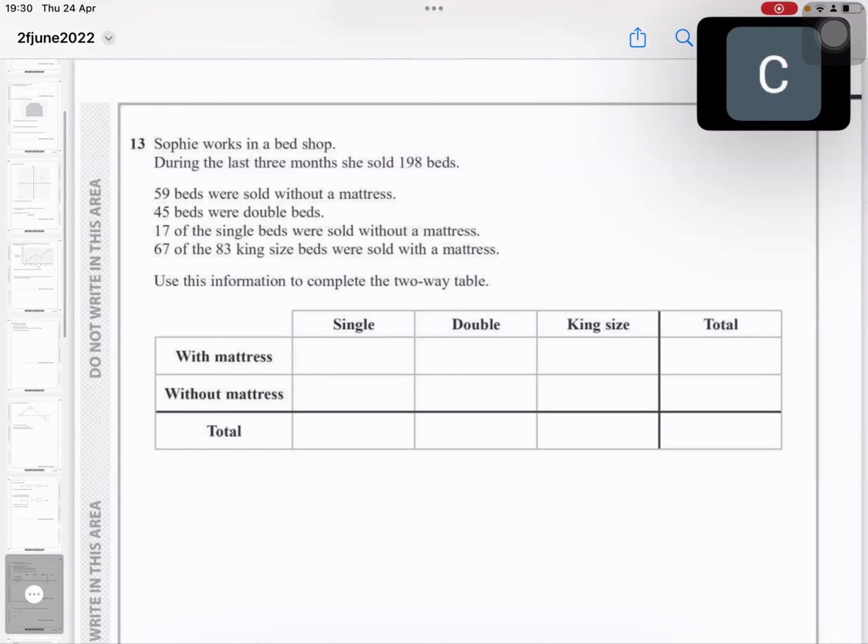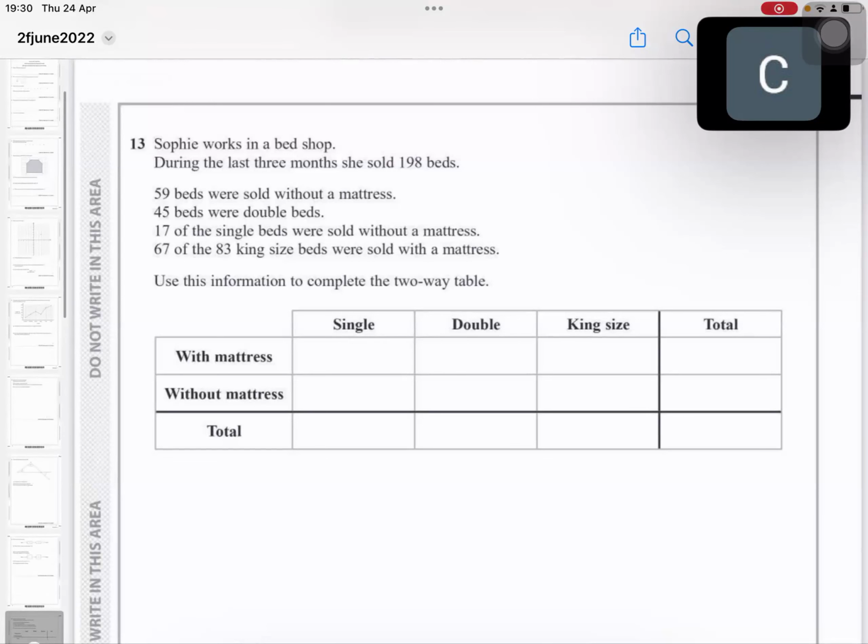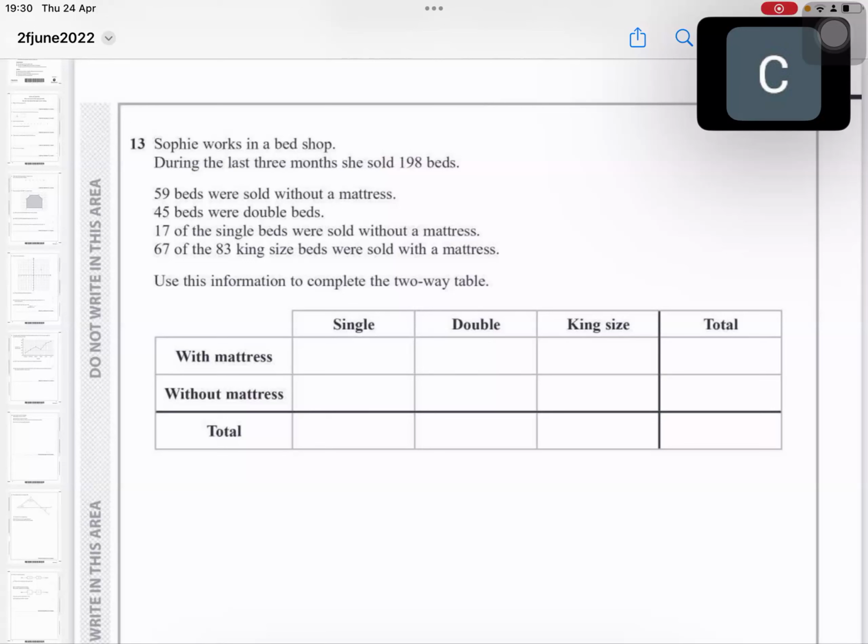In a bed shop, during the last 3 months, she sold 198 beds. 9 without a mattress. 45 were double beds. 16 of the single beds were sold without a mattress.